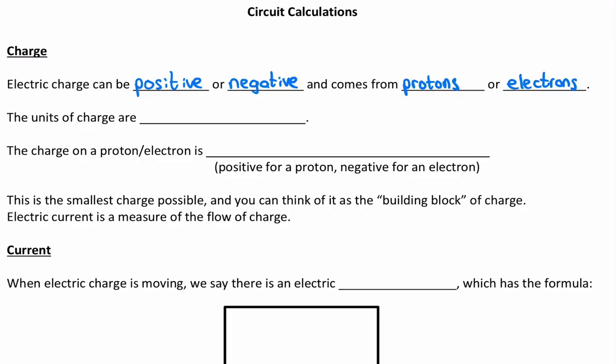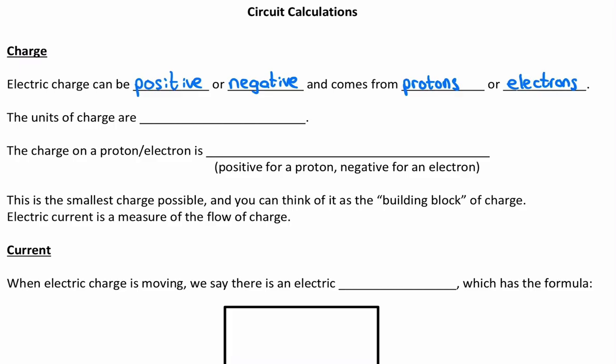And electrons are the only thing in the universe that's negative. If you ever come across an object that is positively charged, it's because that object has protons. And if you ever come across an object that's negatively charged, it's because that object has electrons.